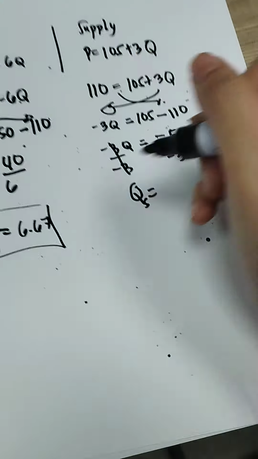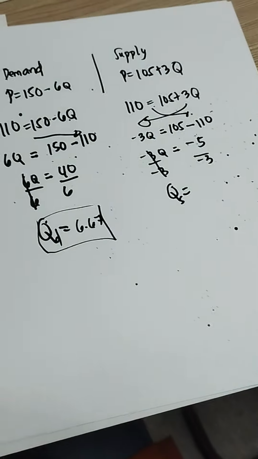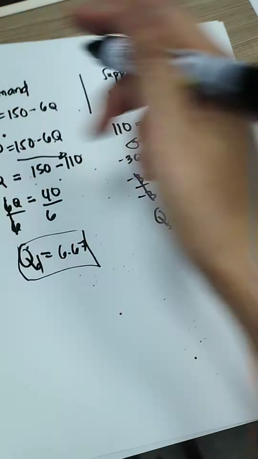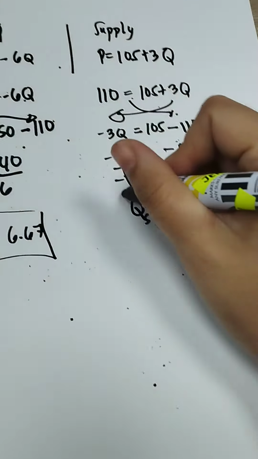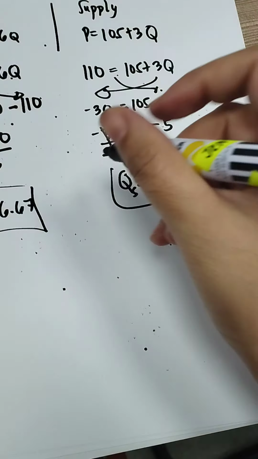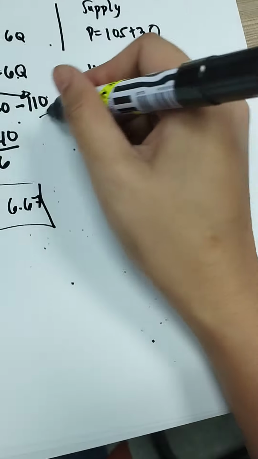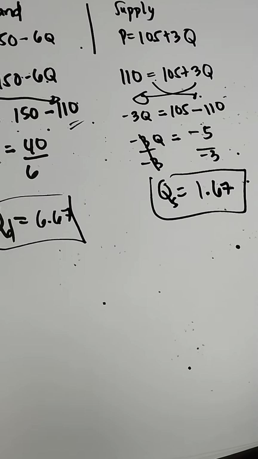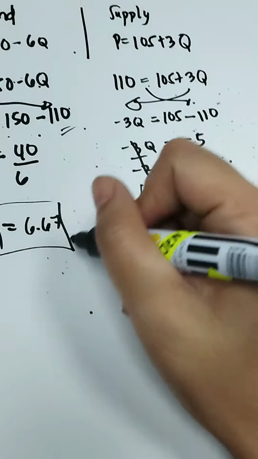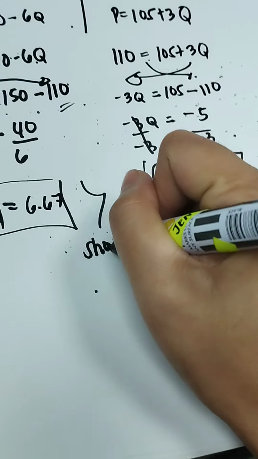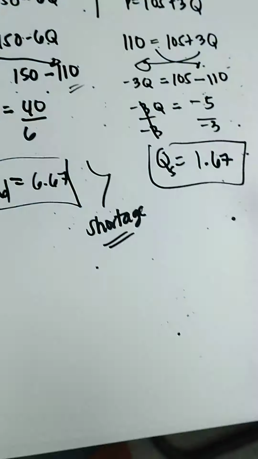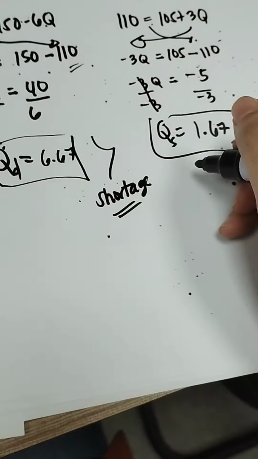That gives the QS, because that's for the supply curve. 5 divided by 3 is equal to 1.67. Now that's the QS. This time, because the price is lower, it's 110, the sellers do not like it, but the buyers love it. So, there is a higher QD than QS. In this case, there is a shortage. More people want to buy than to sell.